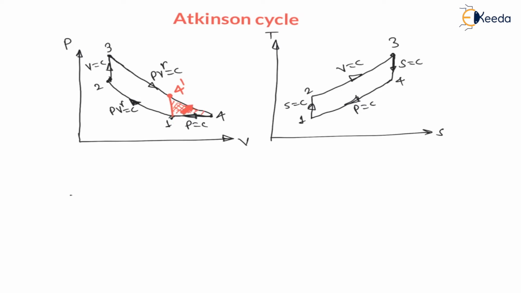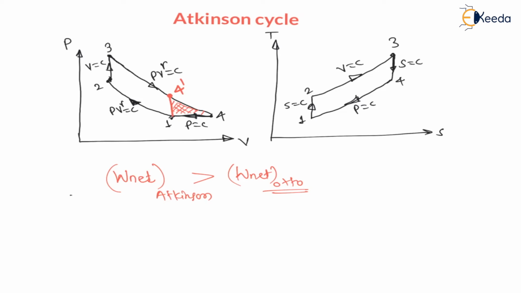Hence the area enclosed by cycle is the net work. Therefore W net for Atkinson cycle is more than W net for Otto cycle, and it is more by the shaded area that we have seen, right?